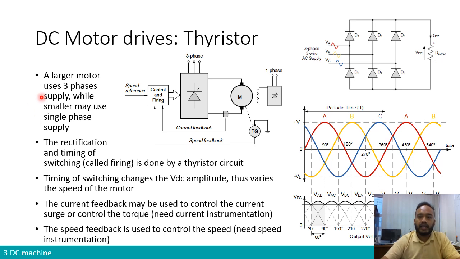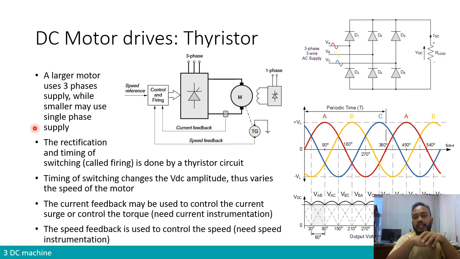We understand that with a three-phase supply, the supply is in AC, so there are two functions needed. The first function is of course to rectify the AC current into DC current.